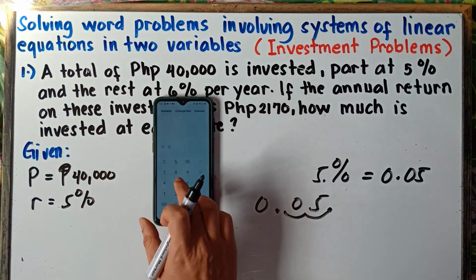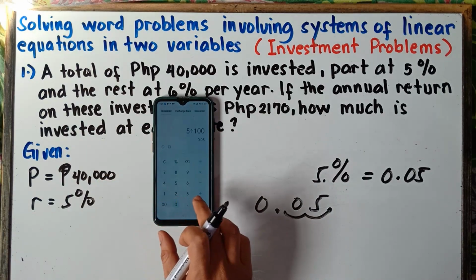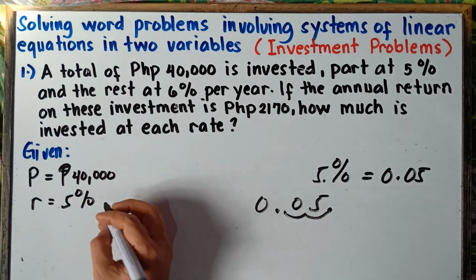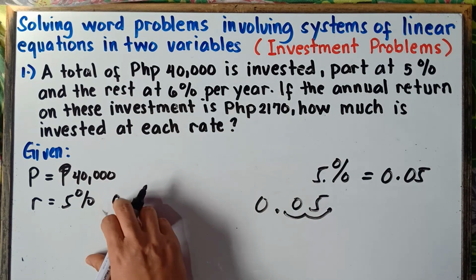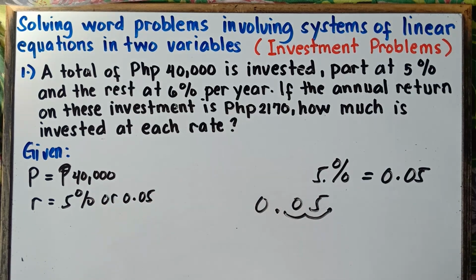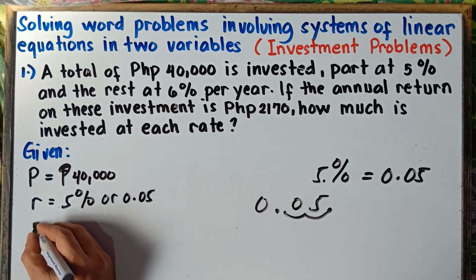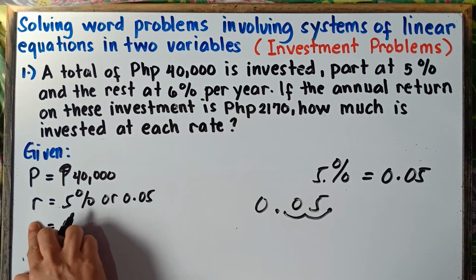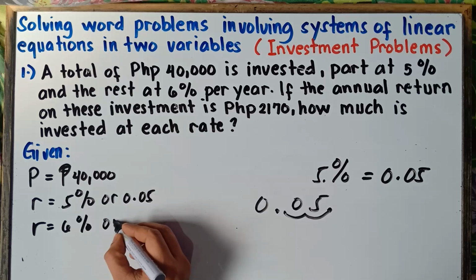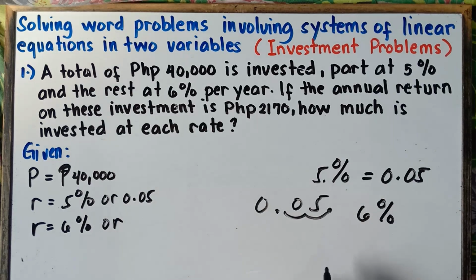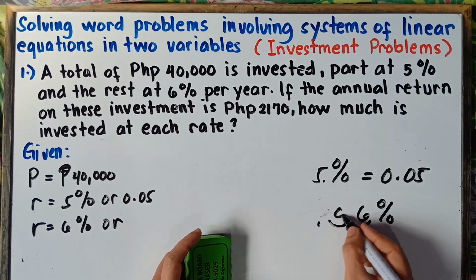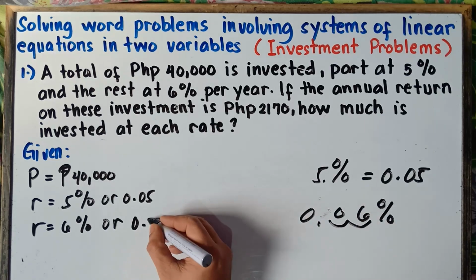So 5 divided by 100, you will get 0.05. And then we also have given 6%. Another rate, that would be 6%. Move the decimal point from right to left twice. 1 and then 2. So that would be 0.06.